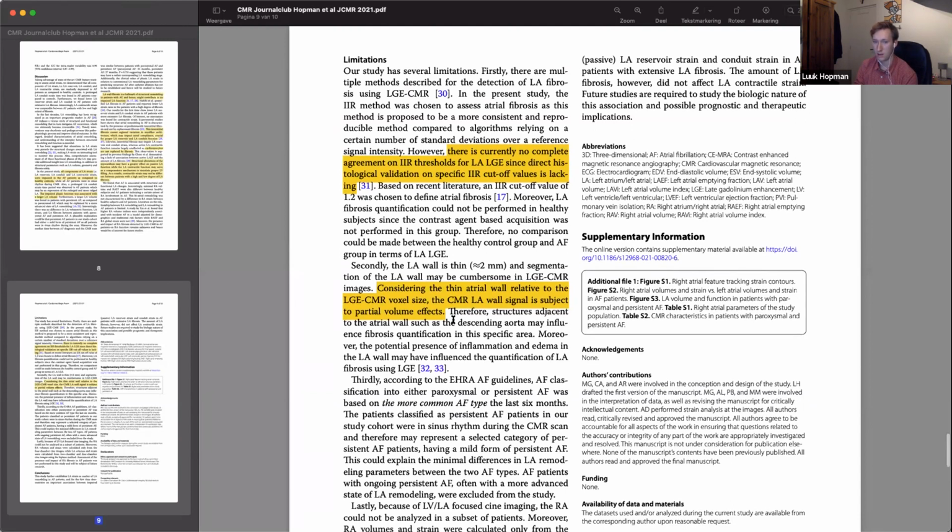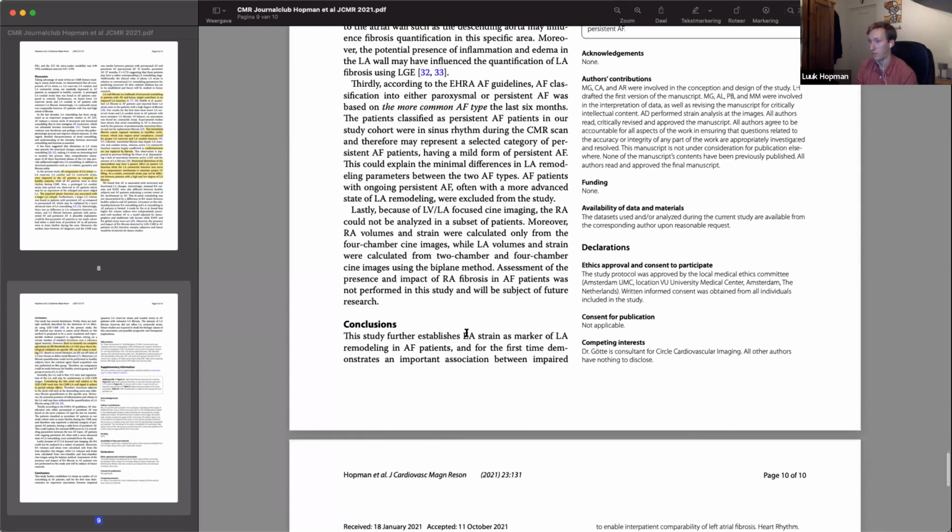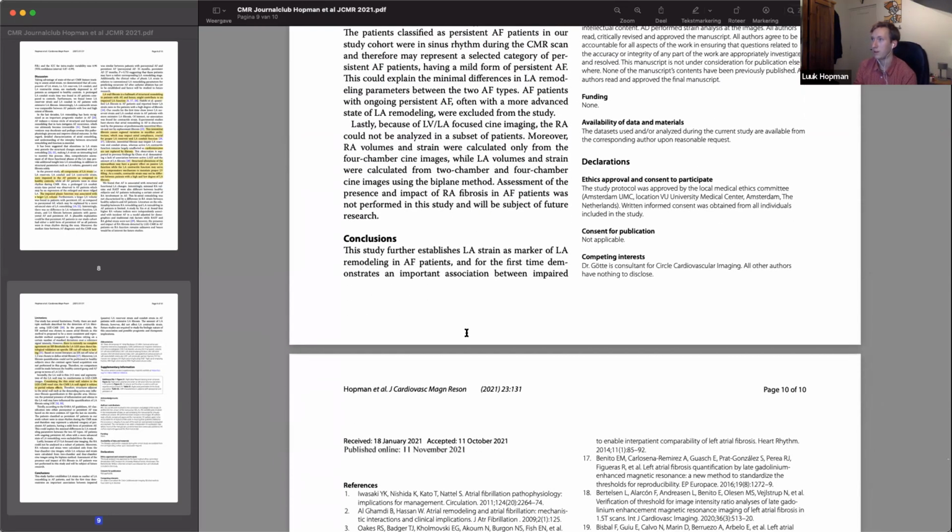And second, the atrial wall is rather thin relative to the LGE CMR voxel size, so it could cause measurement errors introduced by the partial volume effect. That was an overview of our paper, and I'm happy to take any questions.